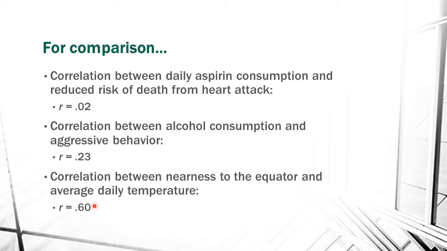So when you first start learning about correlations, I see many students feeling very dissatisfied when we're talking about correlations in the 0.2 and the 0.3 range, because they seem like they're really far away from 1.